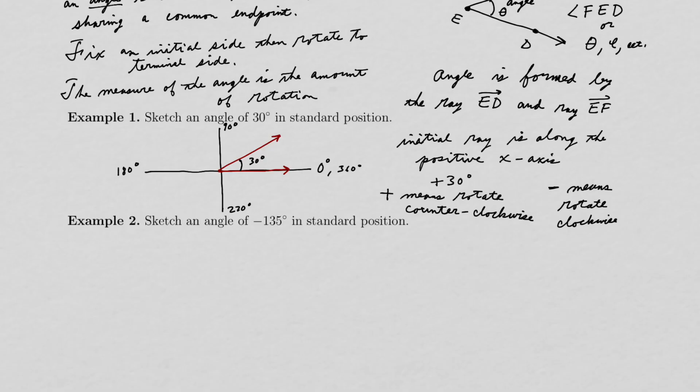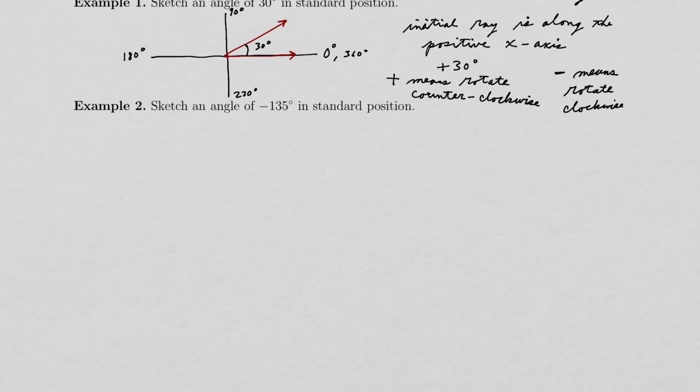Okay, here's another example. Let's say we want to sketch an angle of negative 135 degrees in standard position. Okay, so again, this is 0, this is 90, this is 180, this is 270. That's if I go counterclockwise, right?